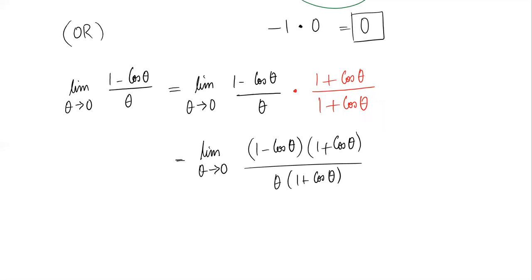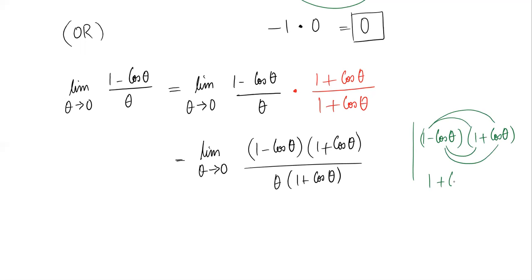And then you will multiply across, and go ahead and distribute on the top. I'd like to do this by the side. So 1 minus cosine theta, do the FOIL method. Remember, the conjugate method helps you to get rid of these terms.